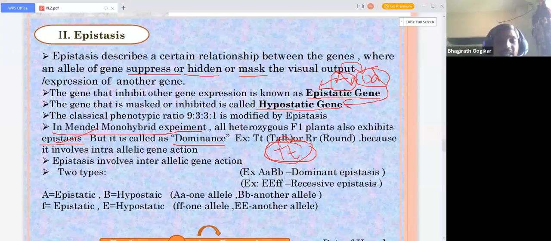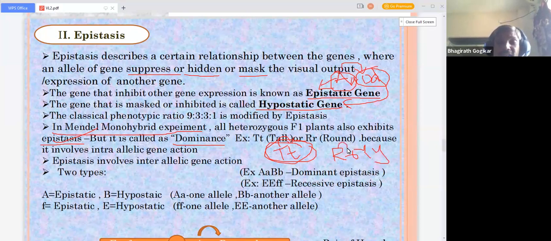Here, within the allele only. So the Mendelian monohybrid or dihybrid experiment also seems to show epistasis. For example, in the dihybrid, you write capital R, small r, capital Y, small y. But it is not epistasis; it is as per dominance only.